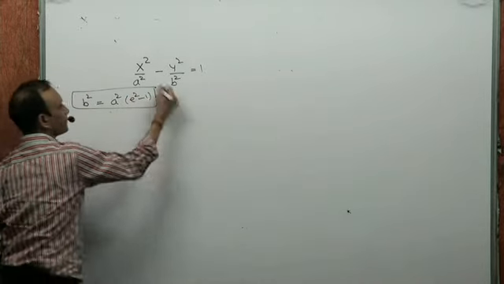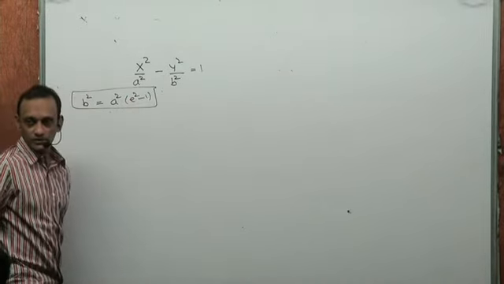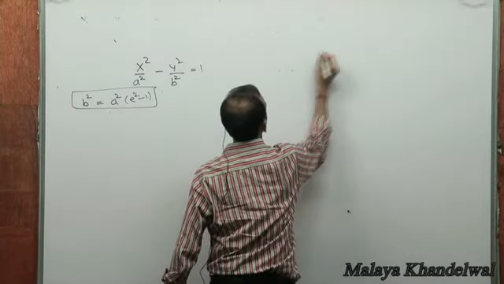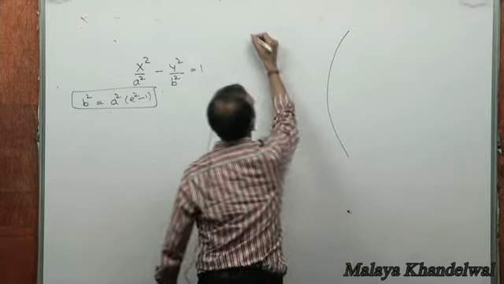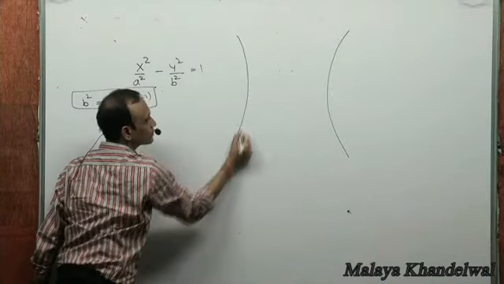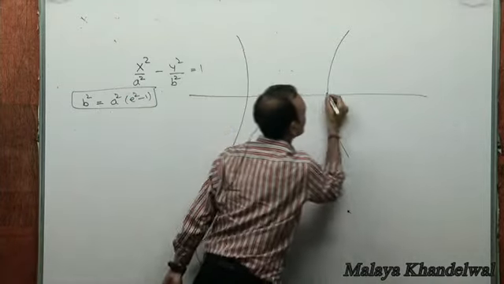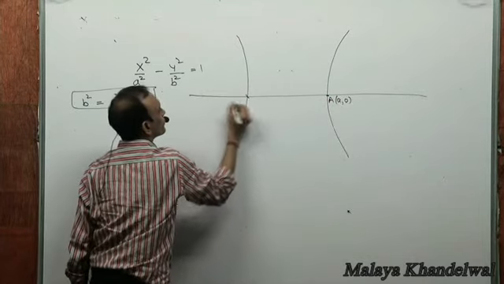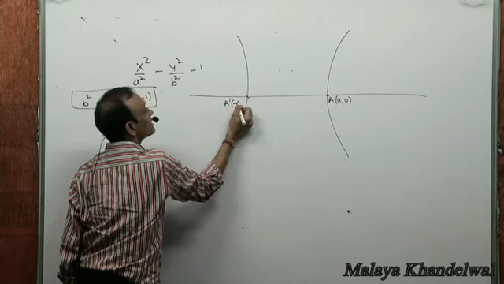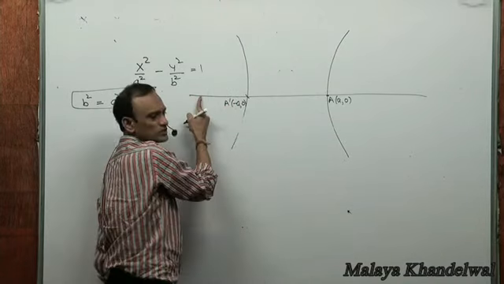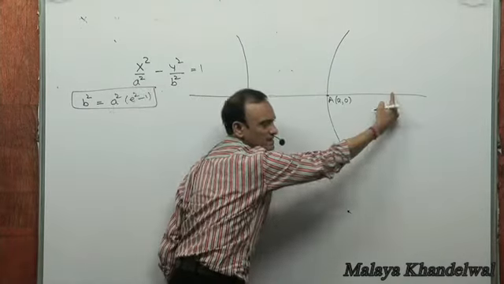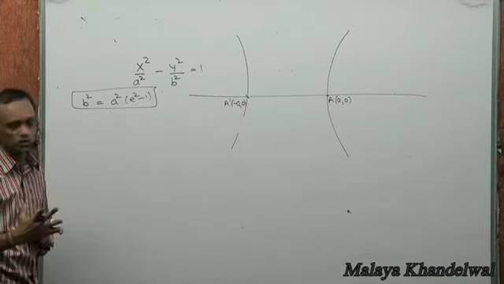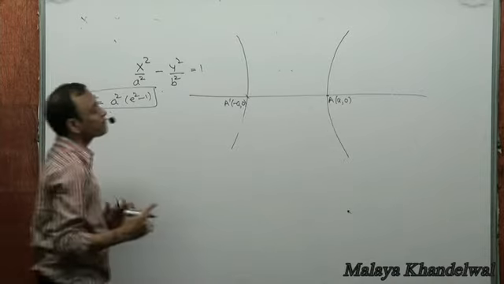E is the eccentricity of the hyperbola, and this hyperbola was like this: a, 0, this is a prime, minus a, 0. Foci was minus ae, 0 and plus ae, 0, and there were the two directrices, x equal to a by e and minus a by e, and so on and so forth, right?